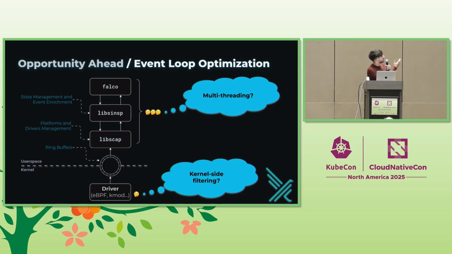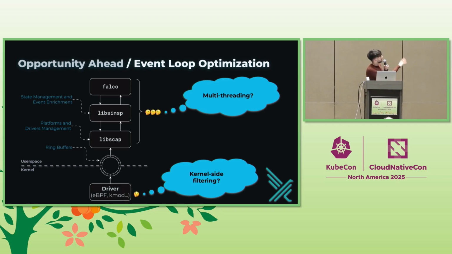Here you can see libscap and libsinsp, which are two libraries internally used by Falco and developed under the Falco security organization. They provide the state enrichment and help in maintaining an internal state for Falco to reason about the new events that it receives and to evaluate rules, so to generate alerts at the end of the day.